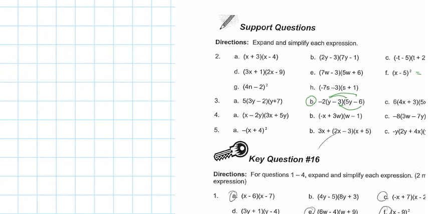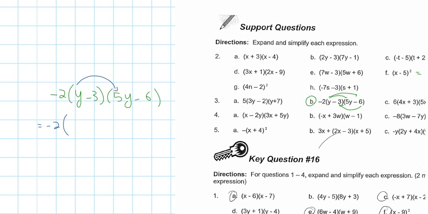So I have negative 2 times y minus 3 times 5y minus 6. Okay? So first thing you're going to do, you're going to multiply. You're going to do the FOIL. So first, you're going to leave the negative 2 outside. Open your bracket. And then let's do the multiplication.